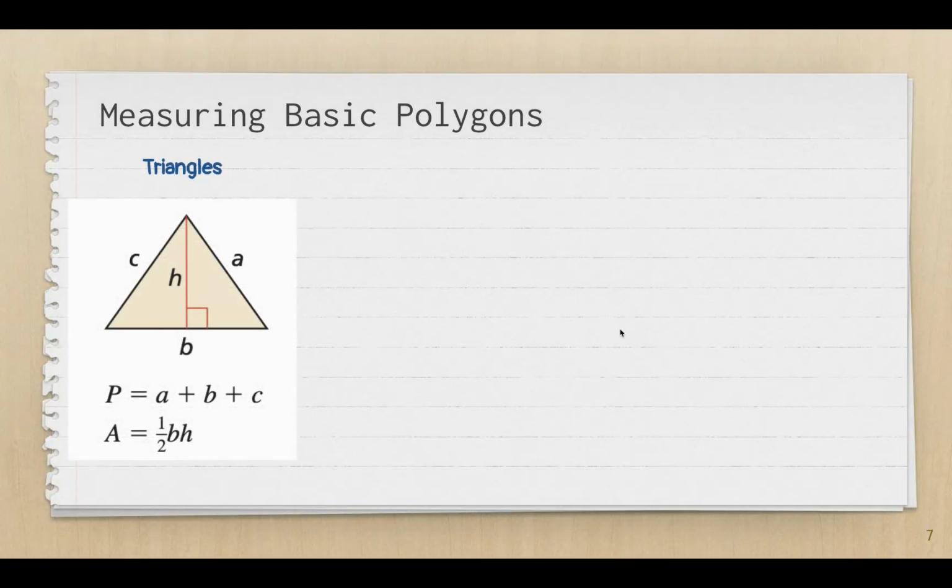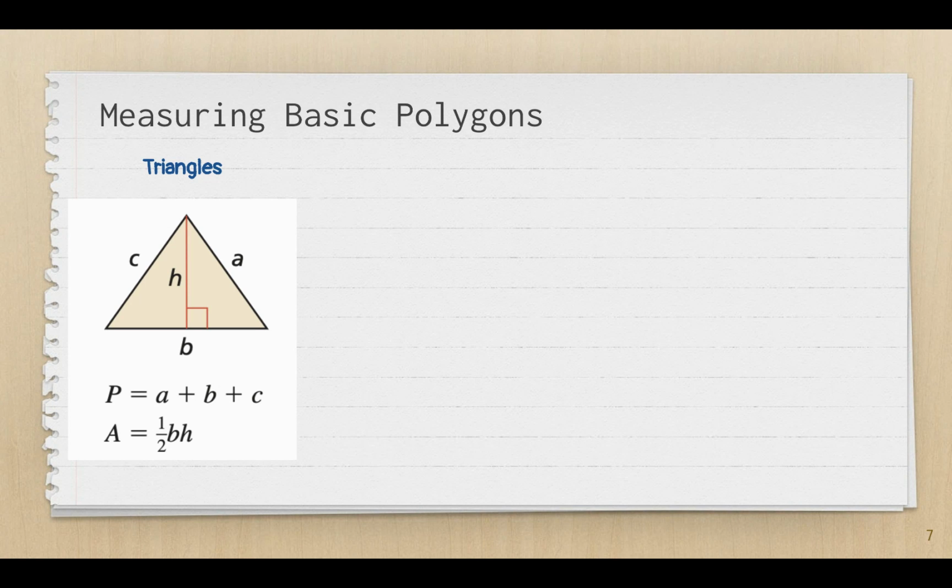Here's a summary, and we're just going to stick to 3 really basic polygons. Later on in chapter 7, we're going to deep dive into polygons. We're going to calculate areas of pentagons and octagons and all sorts of things. We're going to generalize a formula for all regular n-gons.